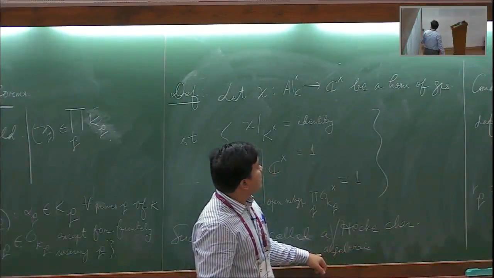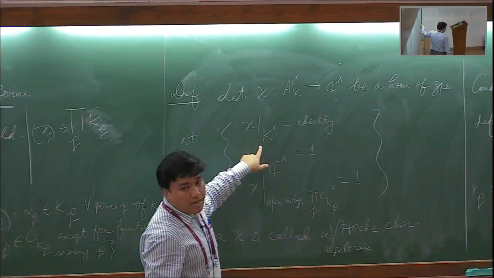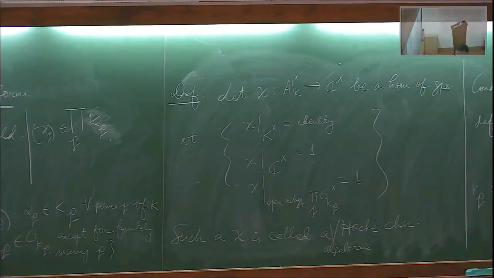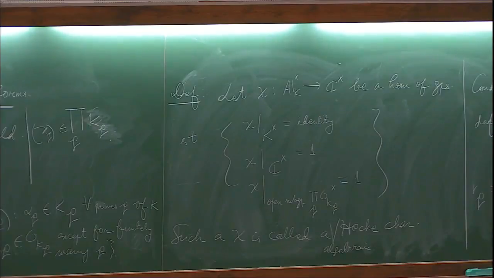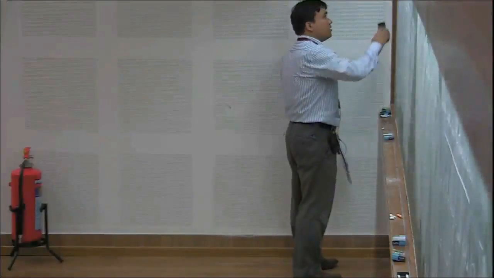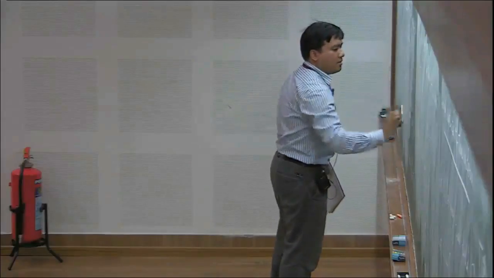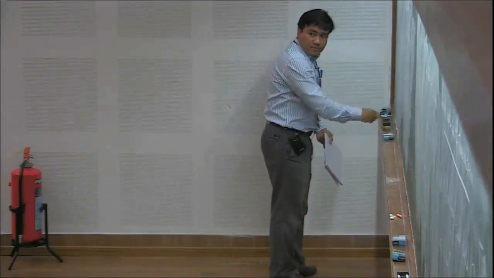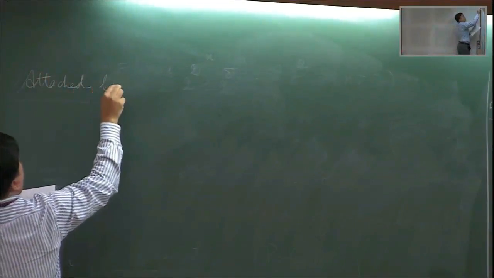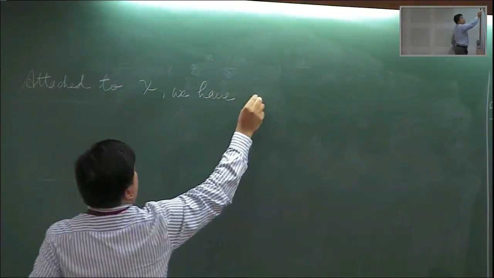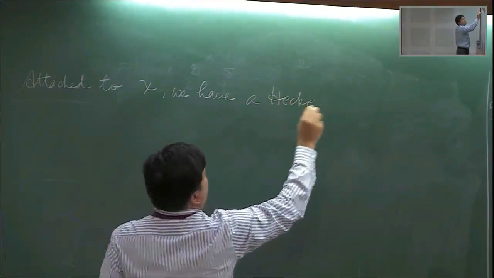And that will be defined as a character of, not OK, but the fractional ideals of K. Attached to chi, you can attach a Hecke character.